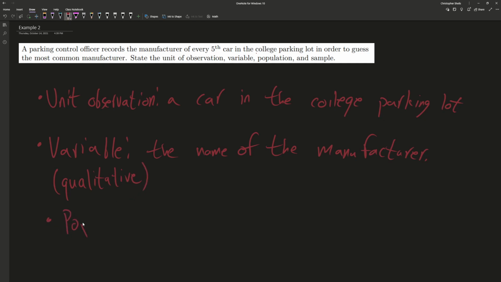Our population is the set of all names of the manufacturers of cars in the college parking lot. Because in this case, we're studying cars in the college parking lot, right? We're not studying every car. So our population is the set of all names of the manufacturers of cars in the college parking lot.